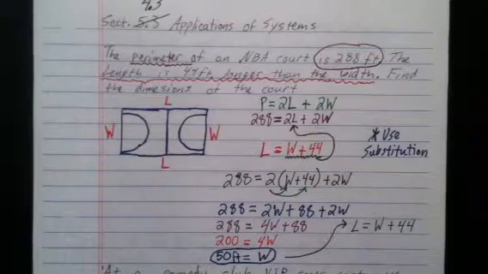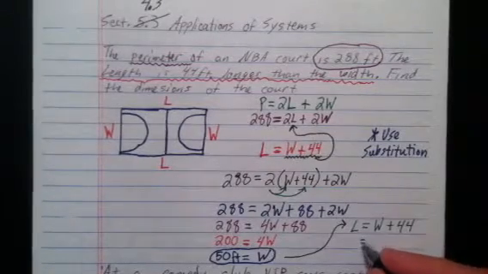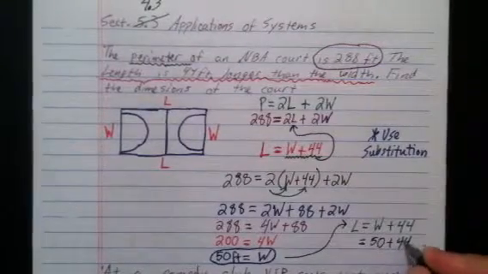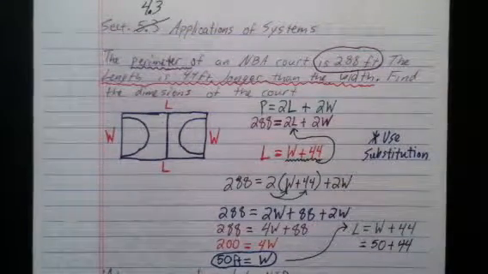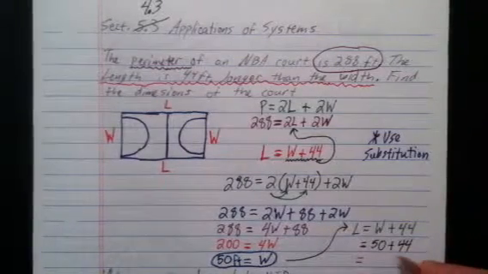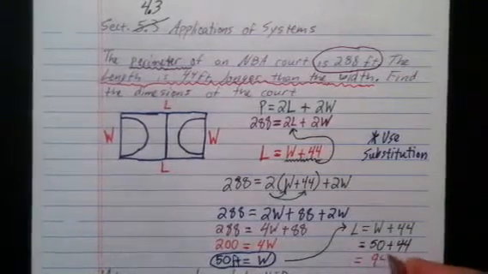So it's going to equal, our width we just found out was 50 feet. Adding 44 to that is going to give us, the length equals 94 feet.